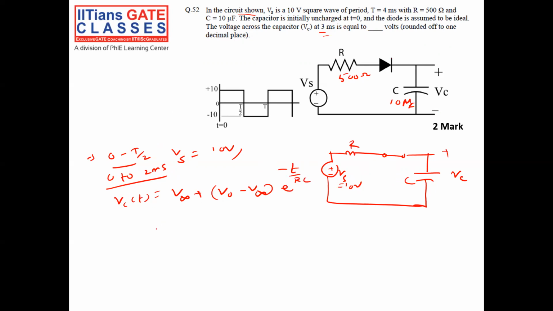Here V infinity is 10 volt and V0 is 0, so simply 10 into (1 minus e power of minus t by RC). I want the voltage at 2 millisecond. RC is 500 ohm into 10 microfarad.